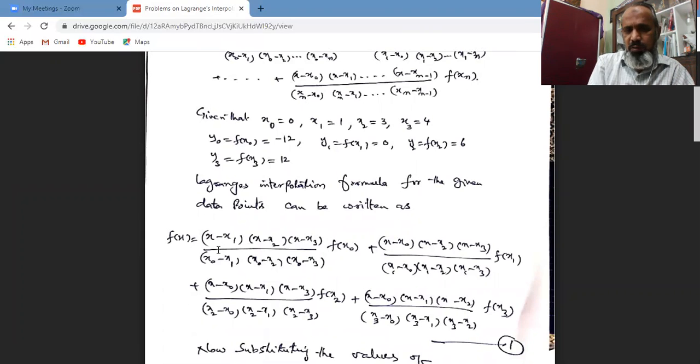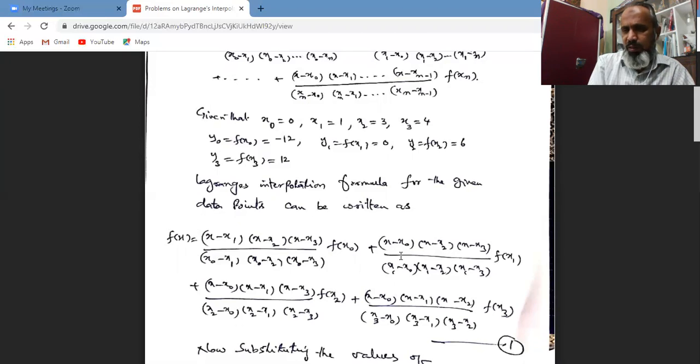In the first term, there should not be the x minus x naught factor, into f of x naught, divided by each value of x1, x2, x3 subtracted from x naught. So this is the first term of Lagrange's interpolation formula. For the second term, in the numerator, we should not have the x minus x1 term.